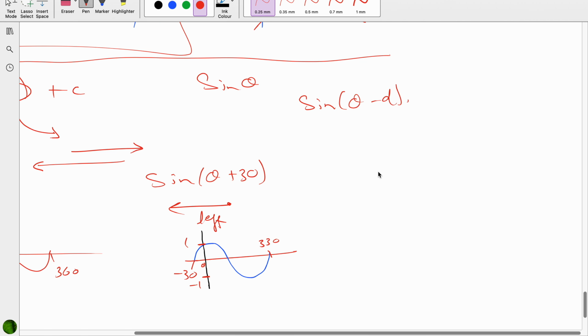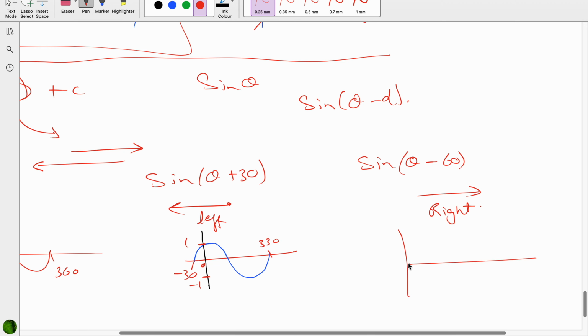And when we subtract this, for example, sine of theta minus 60, this would take the graph to the right. This is sine theta. On the reverse side, this is sine theta. So without moving the graph, this minus means it is actually moving to the right, so I'm taking this vertical line 60 degrees backwards, and this is my graph.